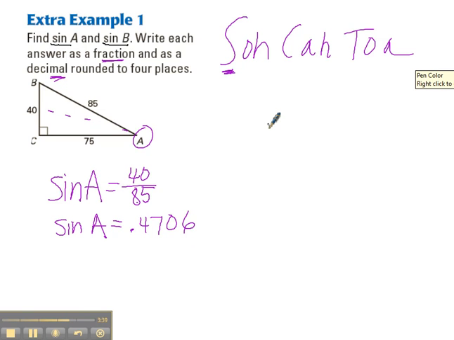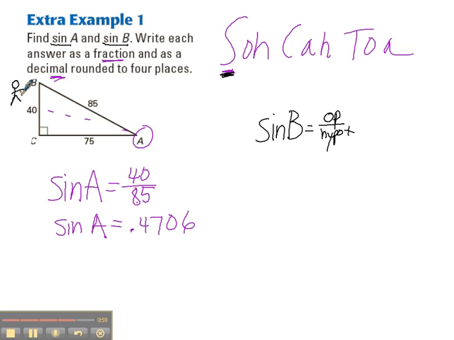So when we find sine of angle B, we're still using our sine. So we say it's the opposite over the hypotenuse. I'm writing it just to make sure. It's like we are standing at angle B right here. Here's my little angle B. And it's going to be the opposite, 75.